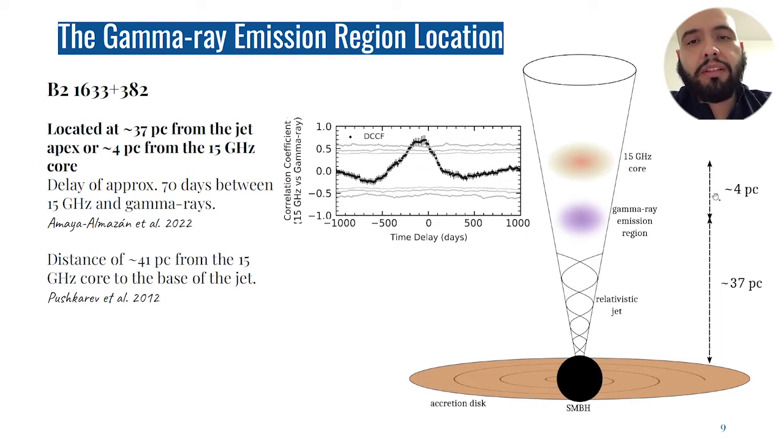Using Monte Carlo simulations, we found a distance of approximately 4 parsecs between the gamma ray and the 15 GHz emission regions. From Pushkarev and collaborators' work, we took the distance from the base of the jet to the 15 GHz emission region, and after performing a subtraction, we found that the gamma ray emission region is at approximately 37 parsecs from the jet apex.